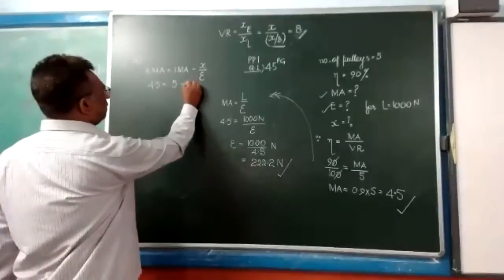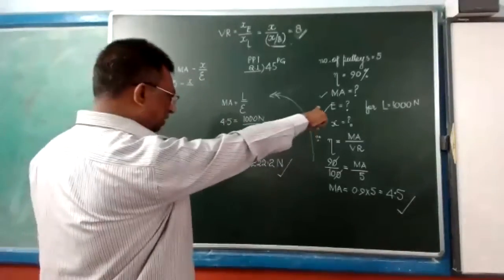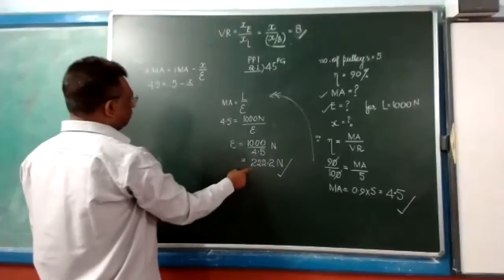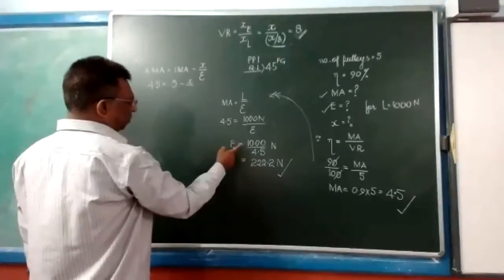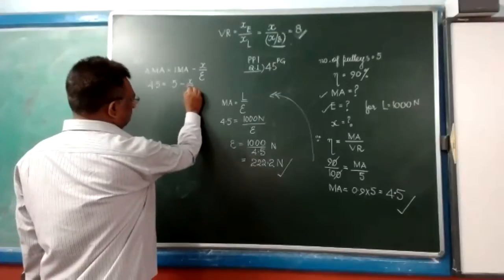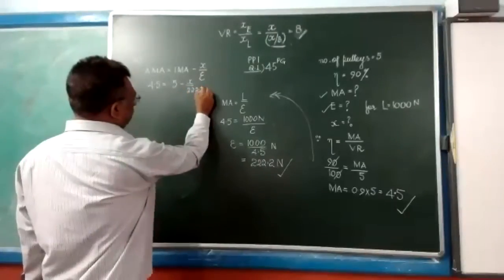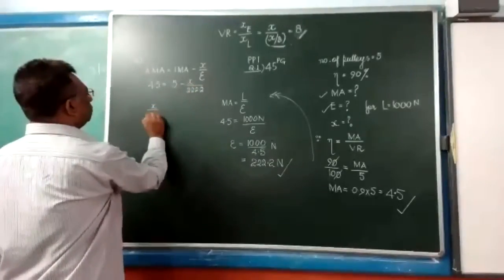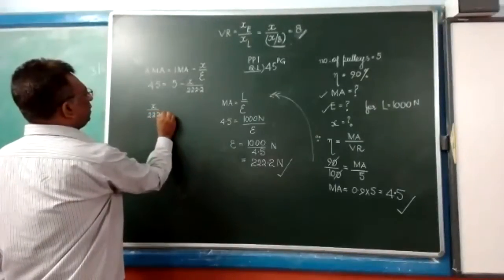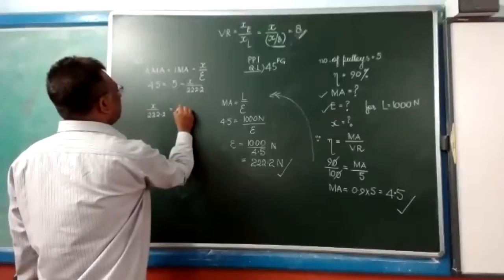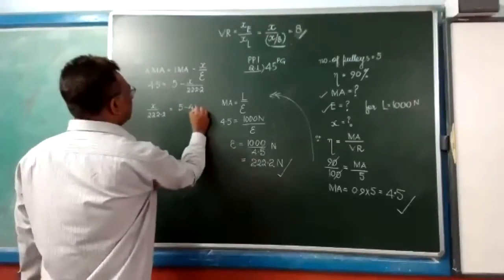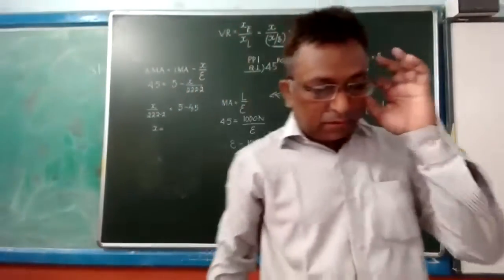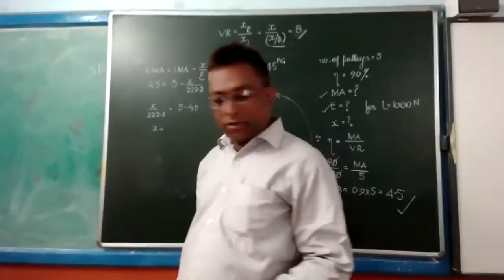X is not given, and the value of t is given. Effort, so we can write here 222.2 and solve for x. So x upon 222.2 is equal to 5 minus 4.5. So x will come 111.1 Newton.